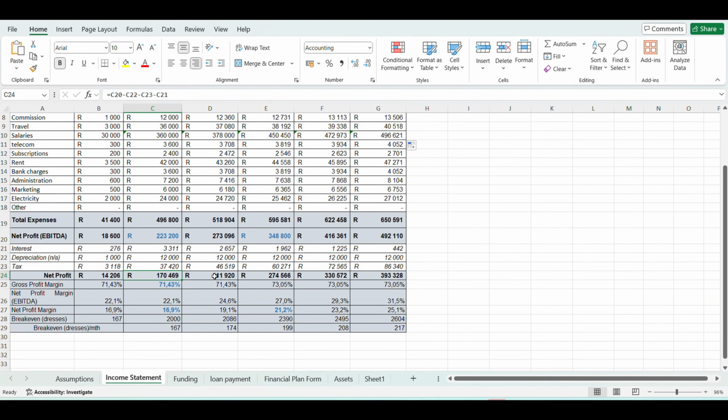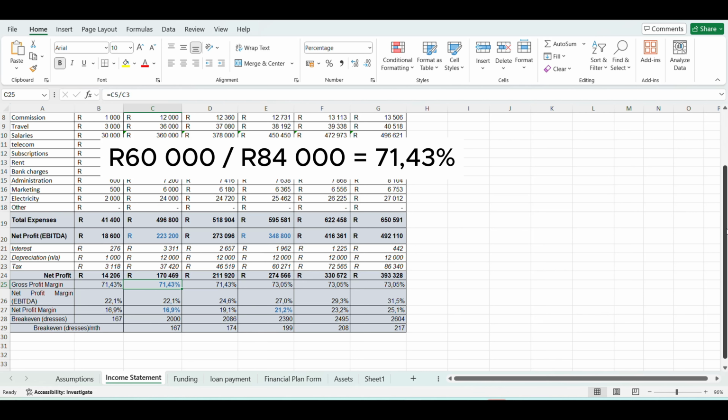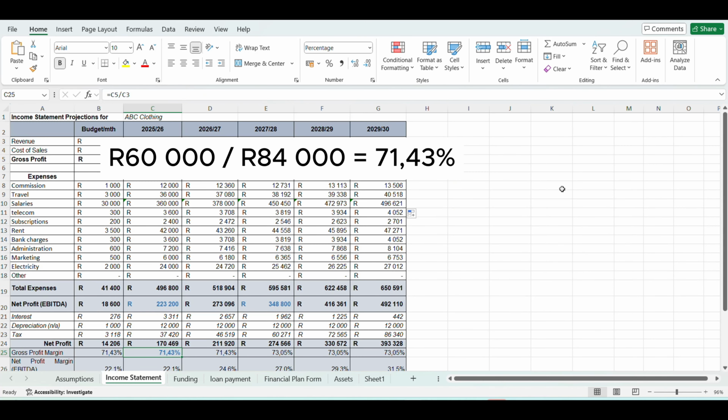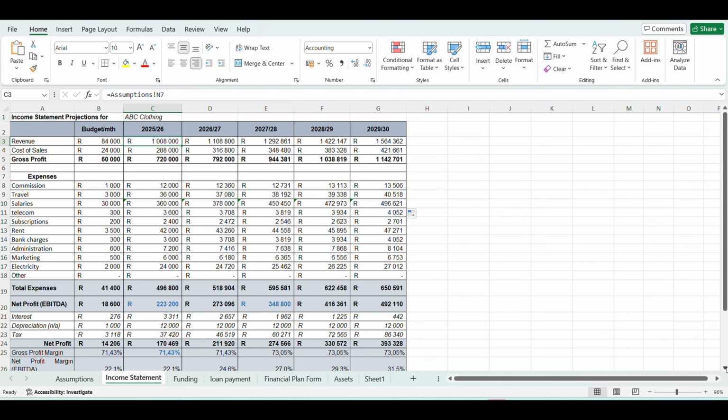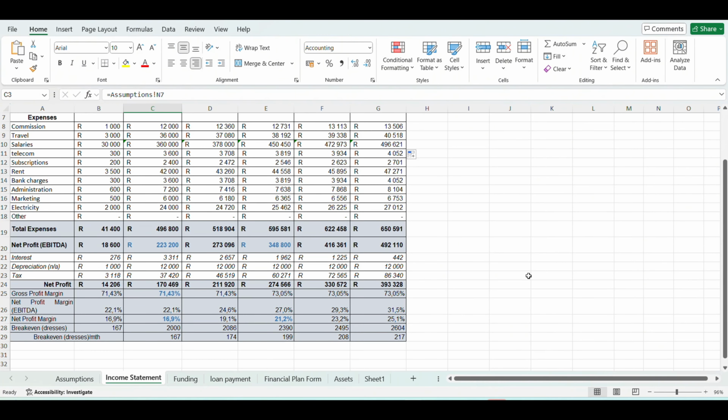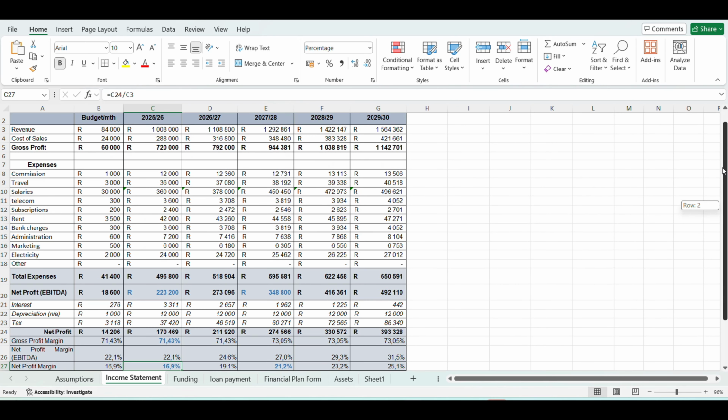And then we look at your gross profit margin, which is your gross profit divided by your revenue, right? And that's still at 71%. Then your net profit margin is your net profit divided by your revenue. So you can see the net profit EBITDA is around 22.1% in the first year.